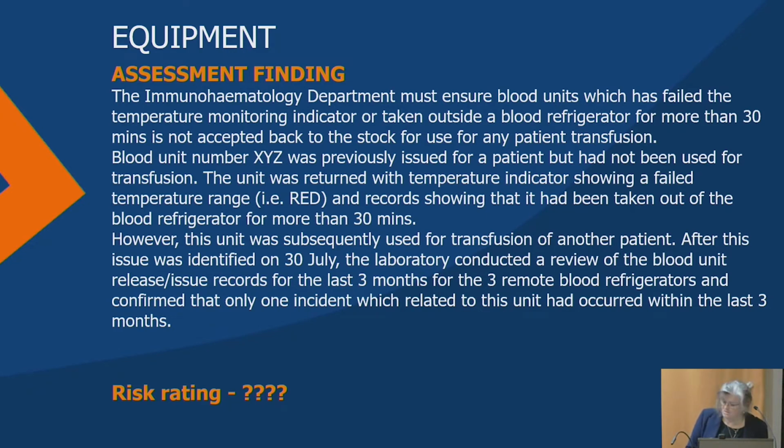I'm going to show, blood fridges are still an absolute nightmare. So this one was where the blood units had been taken out of the fridge for more than 30 minutes, had been issued to a patient but not been used, and then been returned to the fridge, so the indicator on it was actually red, and then it was subsequently given to somebody else.